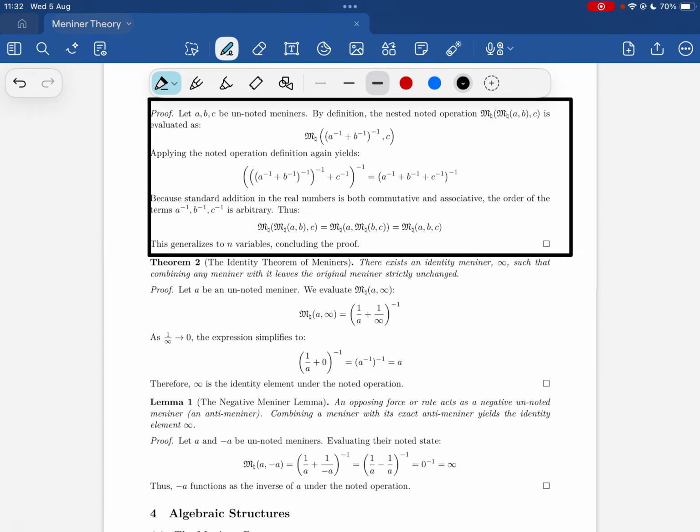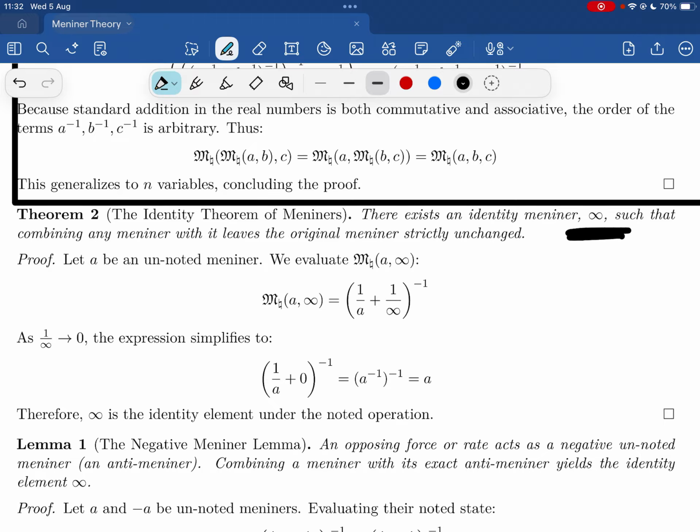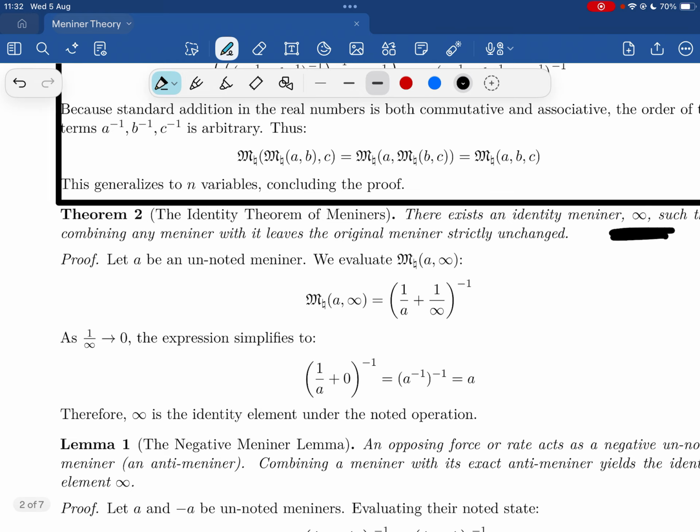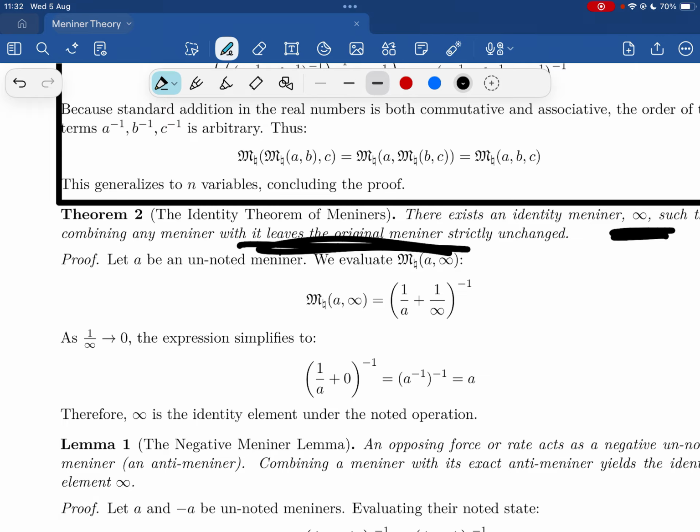Now, the identity theorem of Meniner states that the identity Meniner infinity noted with any Meniner leaves the original Meniner strictly unchanged. And this can be shown here. Noting A with infinity is (1 over A plus 1 over infinity) to the negative 1, right? And as 1 over infinity is 0, the expression becomes (1 over A plus 0) to the negative 1, which is (A to the negative 1) to the negative 1, which becomes A, right?